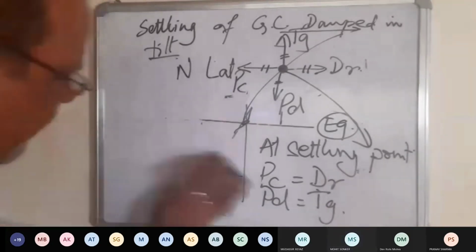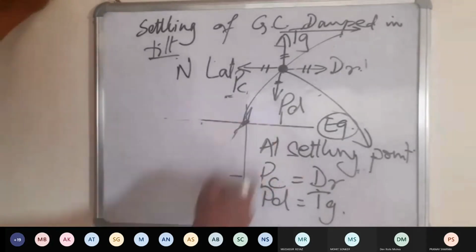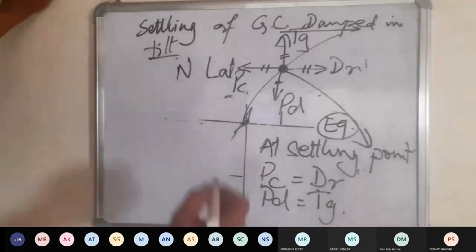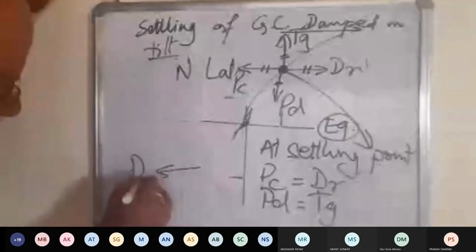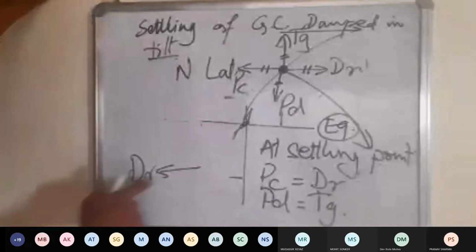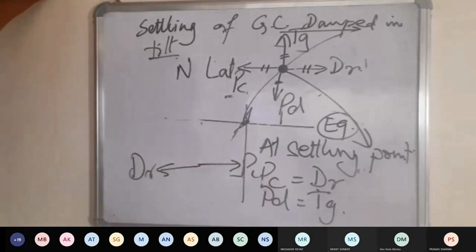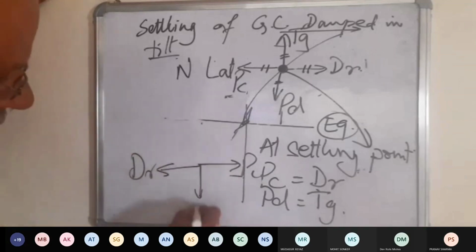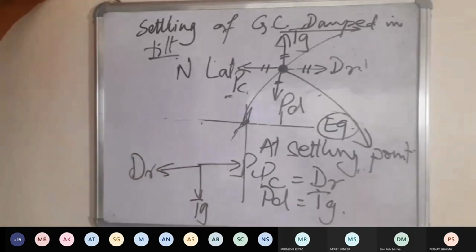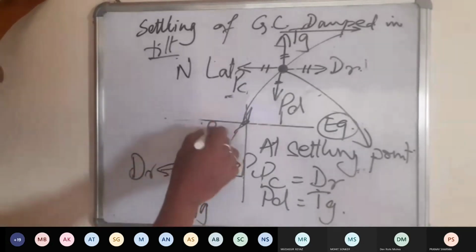The same case is happening in the southern hemisphere also. We know that in the southern hemisphere, drifting is westward. इस drifting को counter करने के लिए I need PC, but this PC will be obtained only when there is little bit of TG. The TG will also develop a PD.